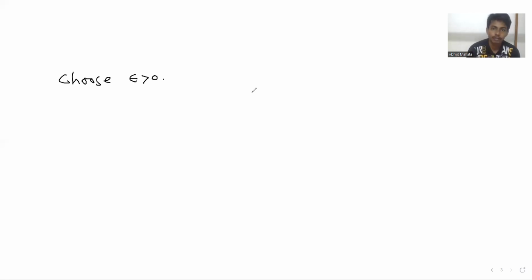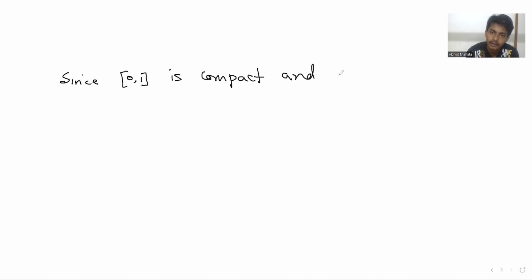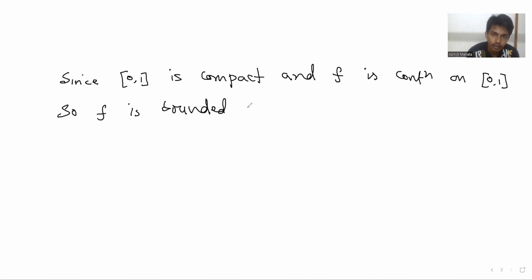Before going to epsilon greater than 0, let me tell you one more thing. Since the closed interval [0, 1] is compact, because it is a closed and bounded subset of R, and f is continuous on [0, 1], f is bounded on the closed interval [0, 1].